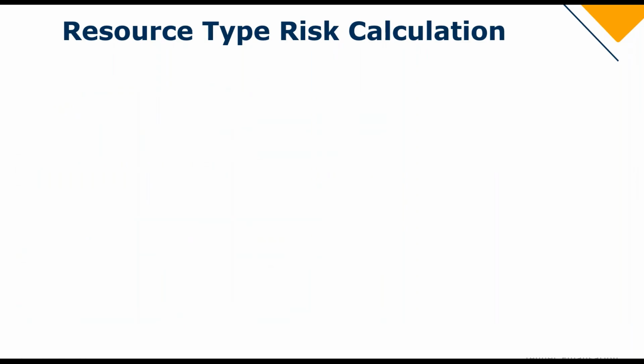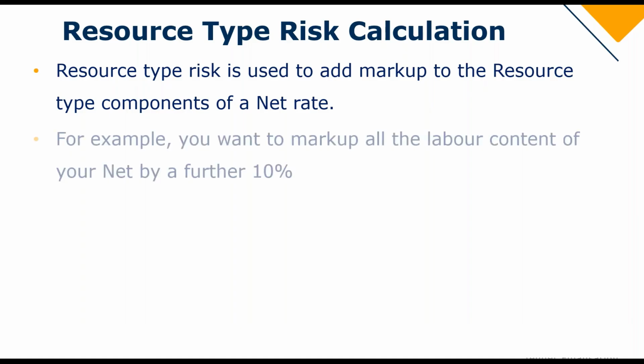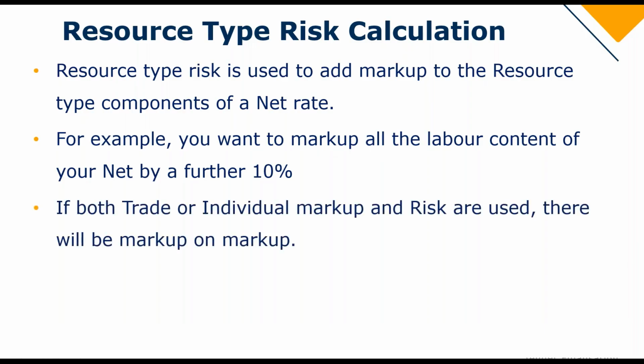Okay, so the resource type risk calculation is as follows. The resource type risk is used to add markup to the resource type components of a net rate. For example, you want to mark up the labor content of the net rate by a further 10%.